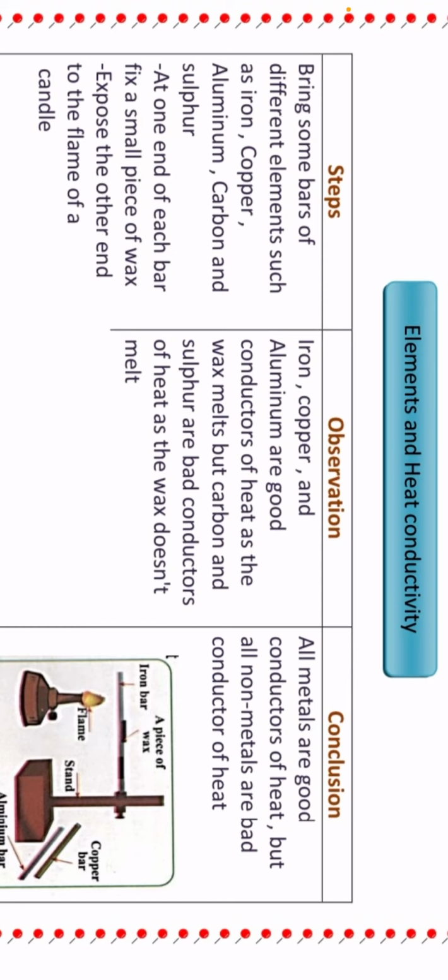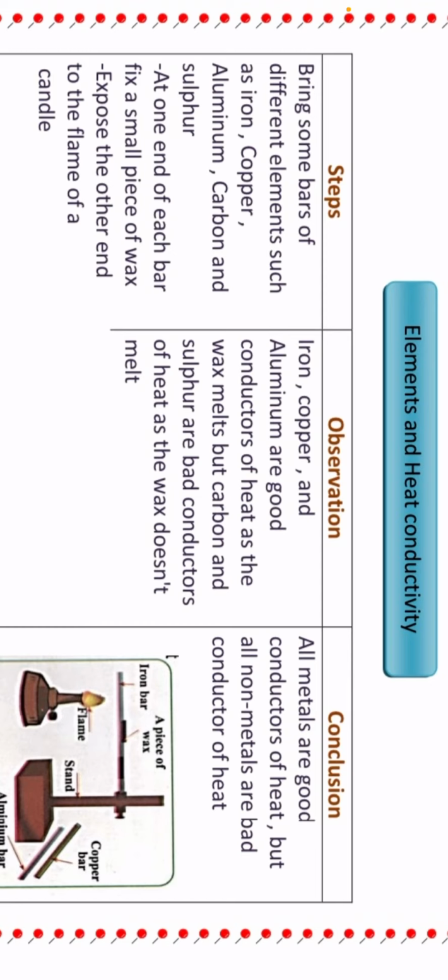Okay, then we studied the properties of metals and non-metals. Metallic luster, number 1: metals have metallic luster, non-metals haven't. Metals are shiny, non-metals not shiny. Metals are good conductors for electricity, non-metals are bad conductors for electricity, except carbon, a good conductor for electricity.